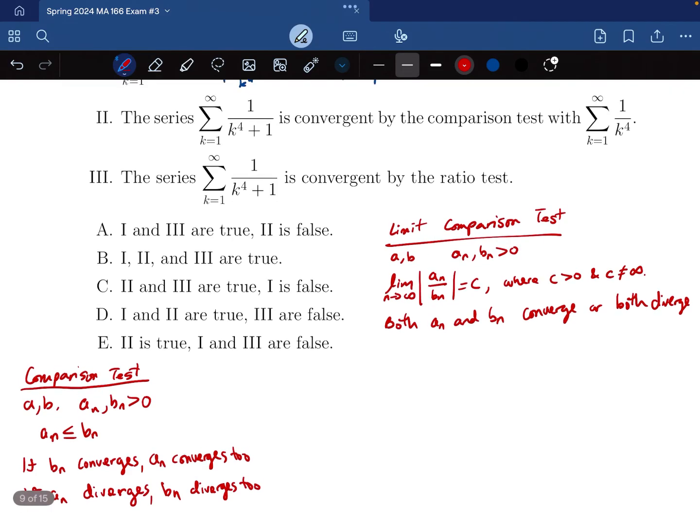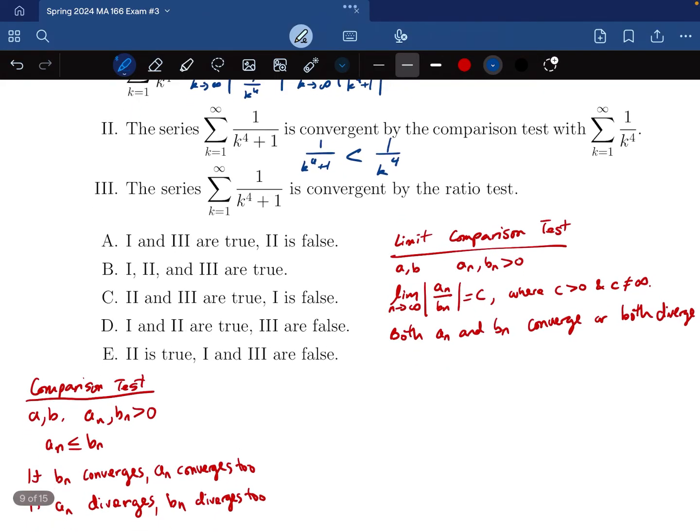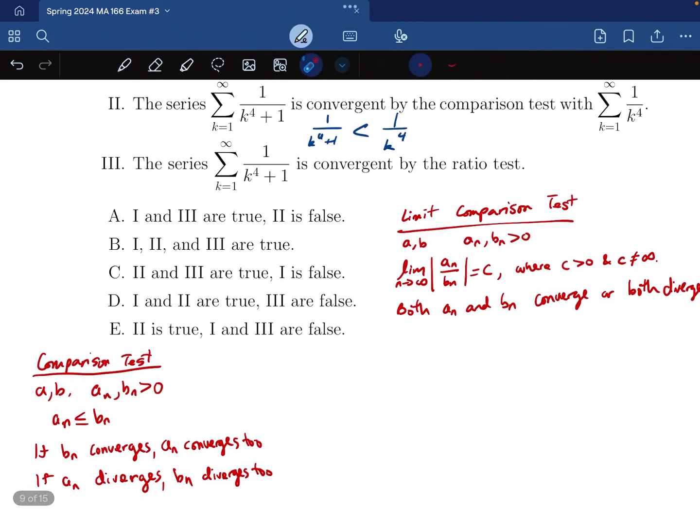Alright, in this case, what we have to do is compare these two terms. Since the denominator here is bigger, this is smaller than 1 over k to the power of 4. So 1 over k to the power of 4 plus 1 is less than 1 over k to the power of 4, which means that our a_n corresponds to the series 1 over k to the power of 4 plus 1, and the b_n corresponds to 1 over k to the power of 4.